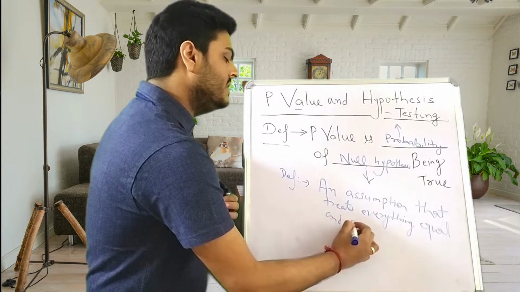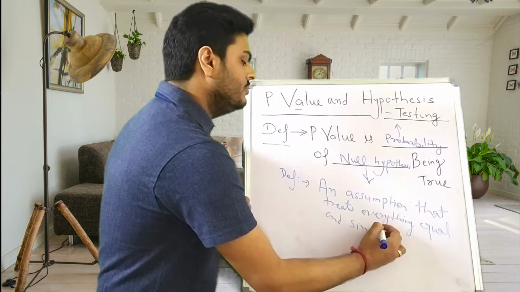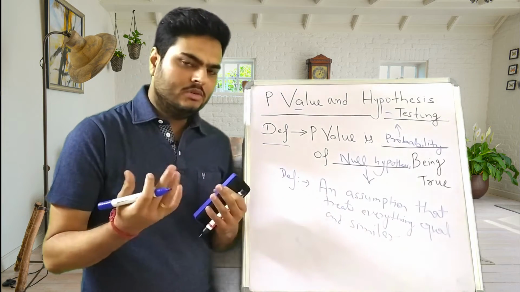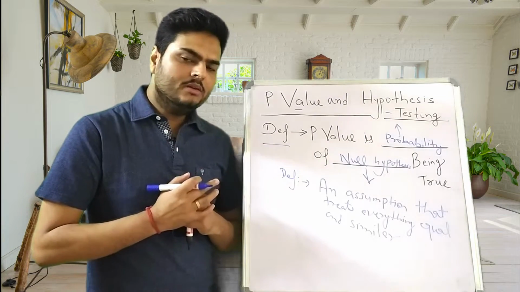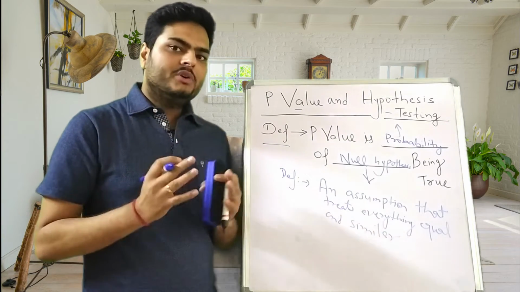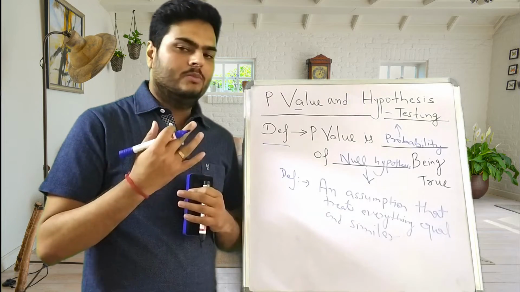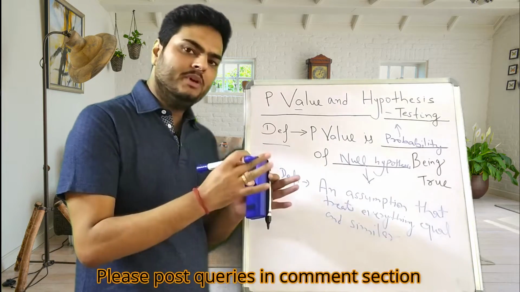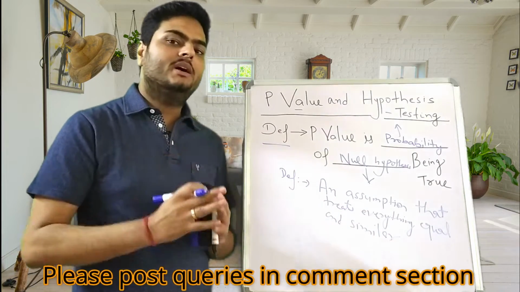Can you think in your mind right now? For example, we are going through a lockdown due to this current pandemic situation. A null hypothesis may assume that the situation before the pandemic and the situation after the pandemic are the same.